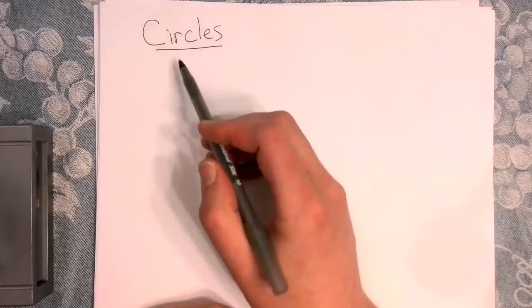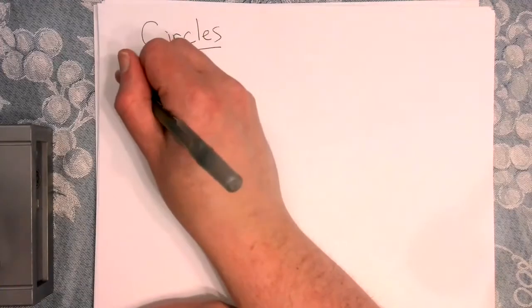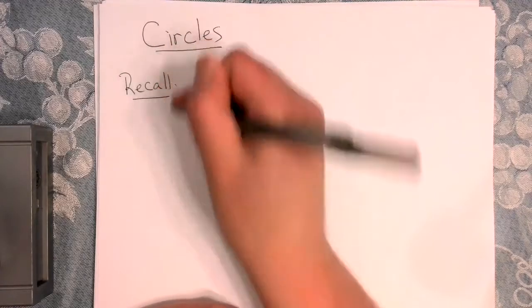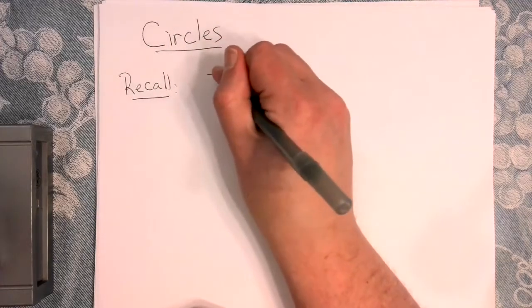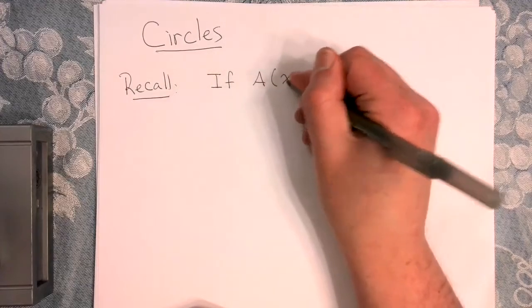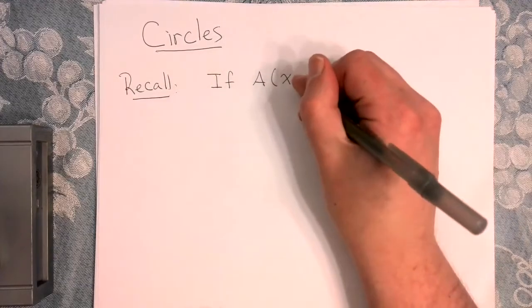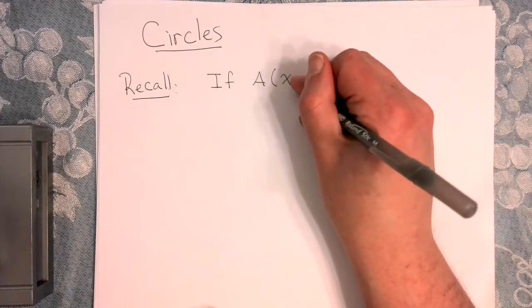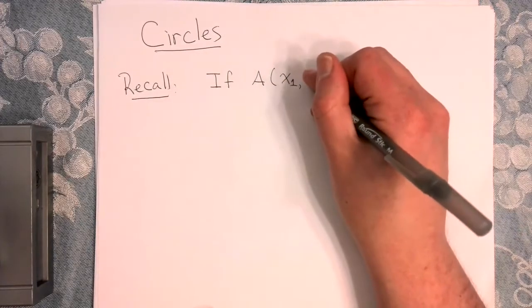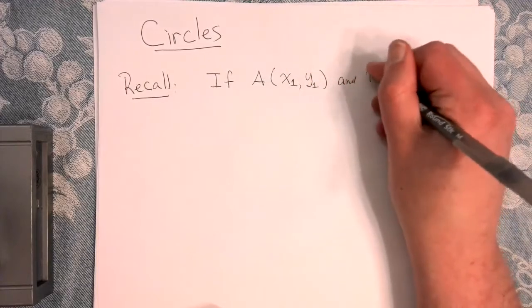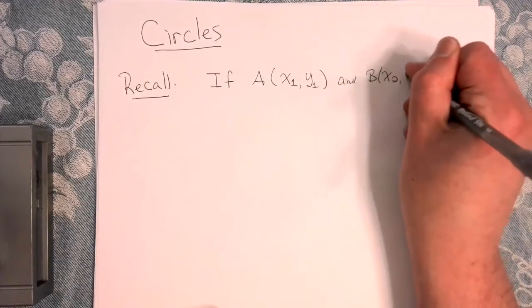Okay, so before we define a circle, we want to recall the distance formula. So let's recall the following. If A and B are points in the plane, then we can define the distance from A to B. Say A is the point (x1, y1) and B is the point (x2, y2).